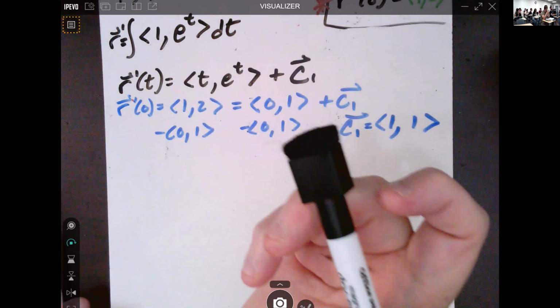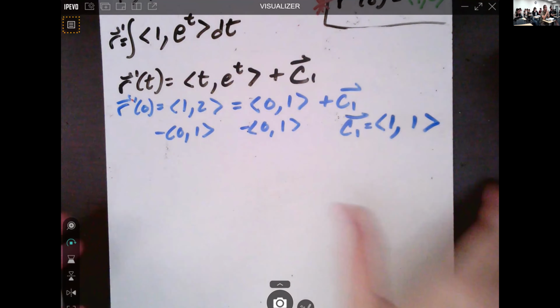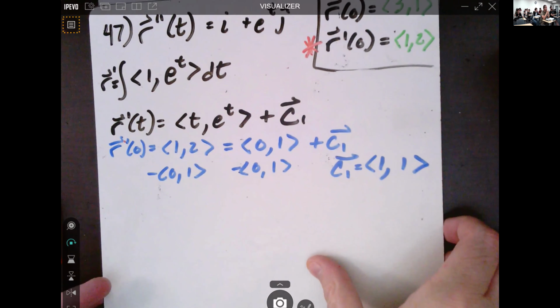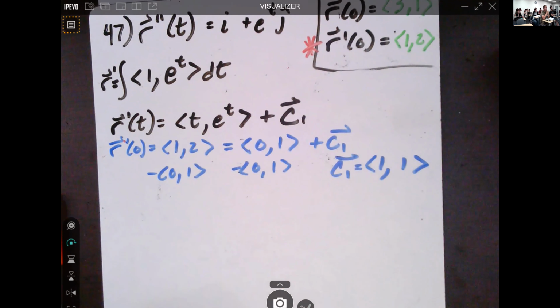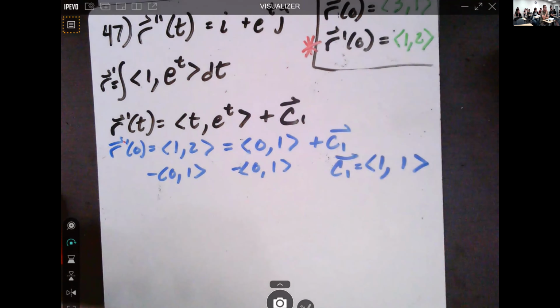What I don't get is how is r'(0) both 1, 2, and 0, 1? Is that initial condition we're getting not on that equation or that vector? The idea is that we're solving for C. I mean, algebraically, I get that. Maybe it's a stupid question, but how is it equal to both of those vector values at the same time? Because r'(0) is equal to 1, 2, but it's also equal to 0, 1 plus the C vector.